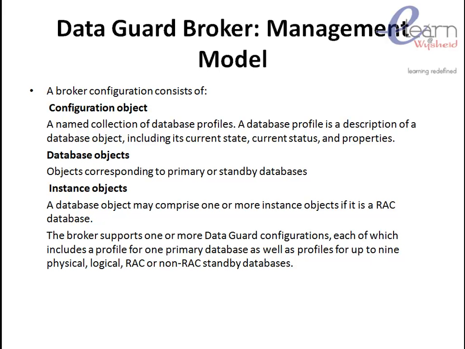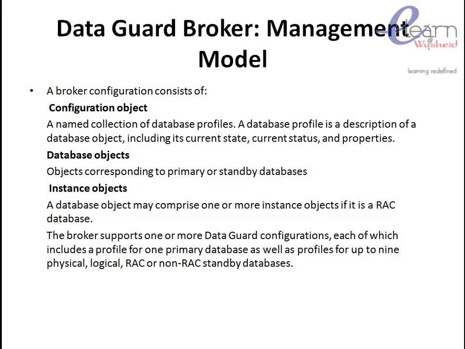For example, whenever you are creating the broker, you will always be creating it from the primary database. So the name of the database and the associated instance level properties will be automatically selected by the Data Guard broker. Okay. So at this stage, you have a database object, which is your primary database, and an instance object, which is the instance of the primary database.